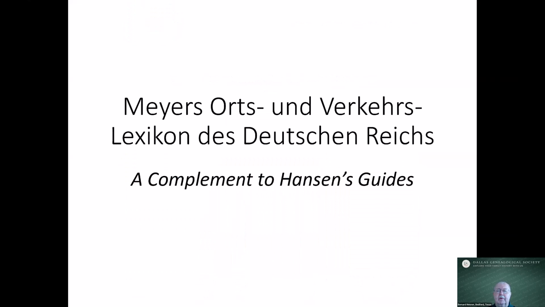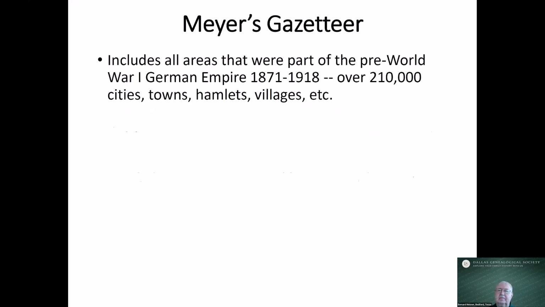A good complement to Hansen guides are the Meyers Orts- und Verkehrs-Lexikon des Deutschen Reichs. Meyers Gazetteer includes all the areas that were part of the pre-World War I German Empire. So that's our Germany with the big G again.